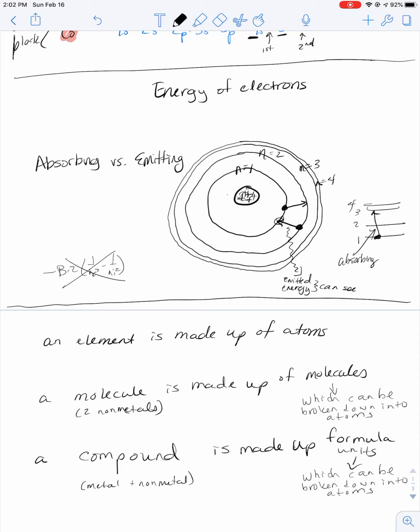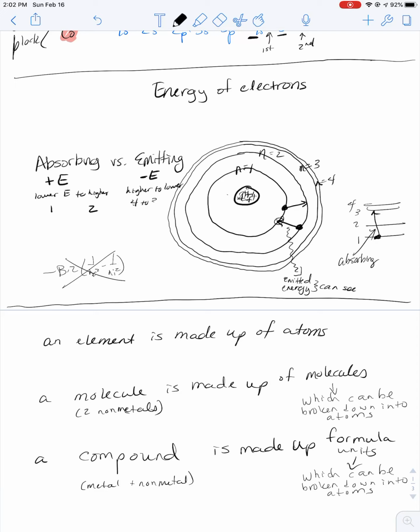The other thing you want to make sure that you're very clear on is that absorbing energy, that is a positive energy. So it's when you're going from a lower energy level, let's say 1, to a higher, say 2 or 3 or 4. And then emitting is a negative, and that's when you're going from a higher to a lower.